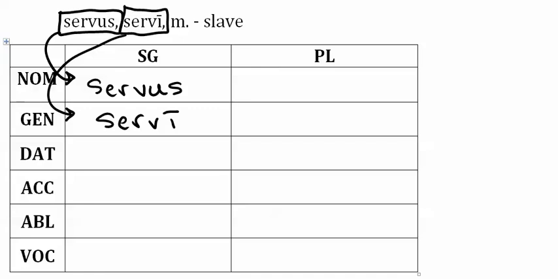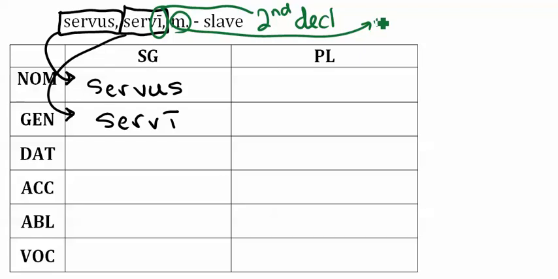Here we are back again at servus, servi, masculine. When I look at the genitive singular, the ending, long I, tells me that this word belongs to second declension. And at the very end, I get this little m, which tells me the gender, and that's masculine.